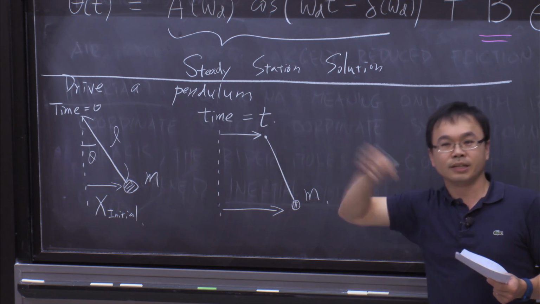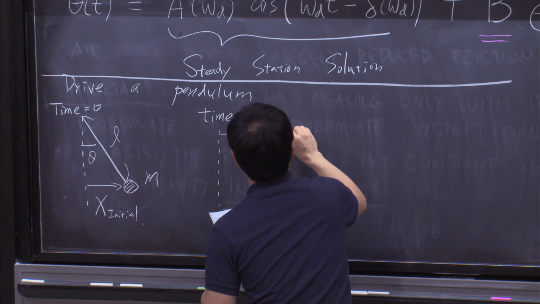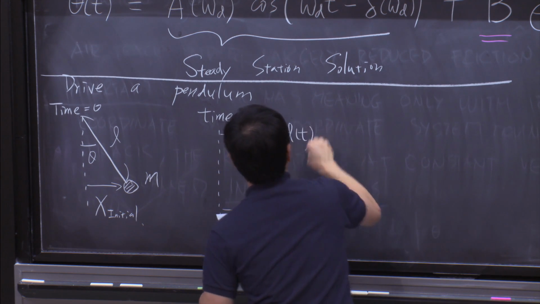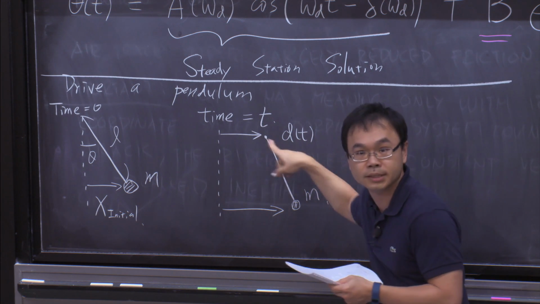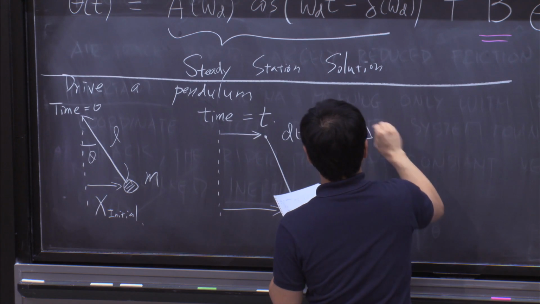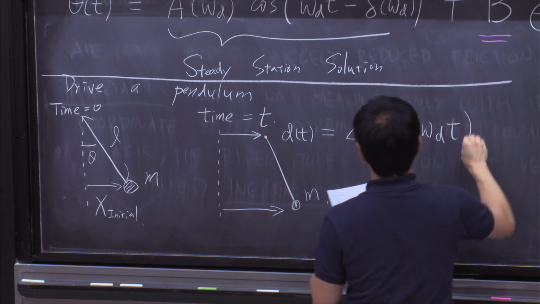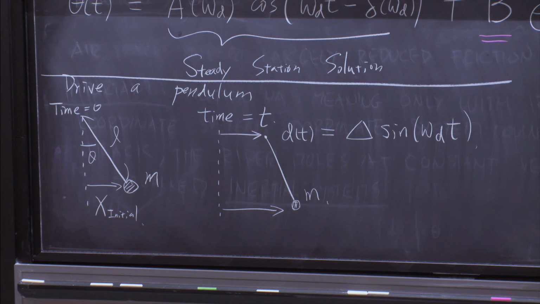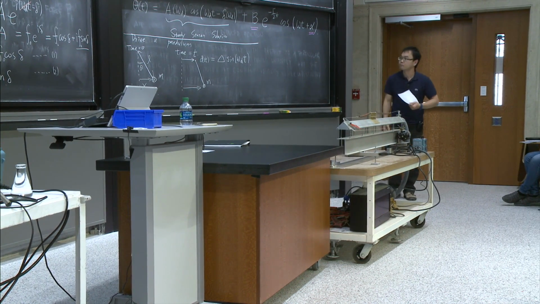So Yen-Jie is shaking this system from the top, and I do it really nicely. I define the displacement d as a function of time to be equal to delta sine omega d t. That is what I'm going to do, and I would like to see what is going to happen to this pendulum.